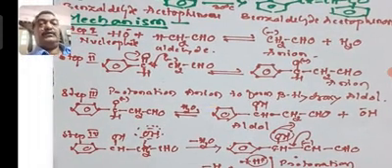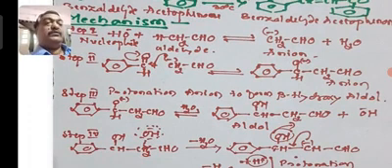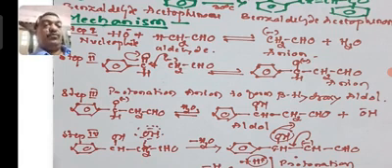That's a nucleophile. OH minus will react with the aldehyde to form an anion. The anion reacts with benzaldehyde to give CH2CHO attached to this carbon, having an oxygen negative anion. The anion will further undergo reaction with a water molecule and give C6H5CHOH CH2CHO.